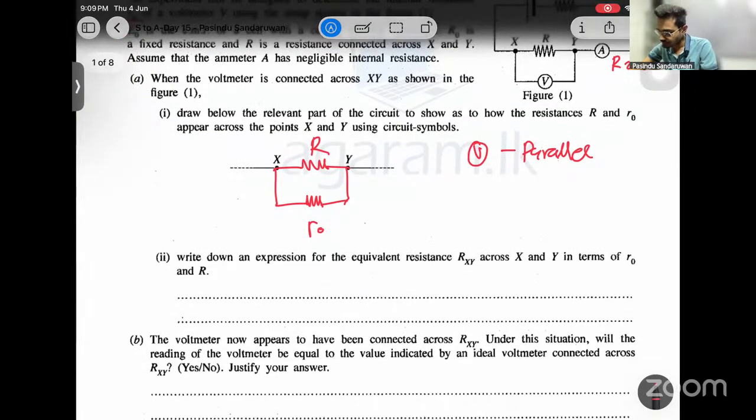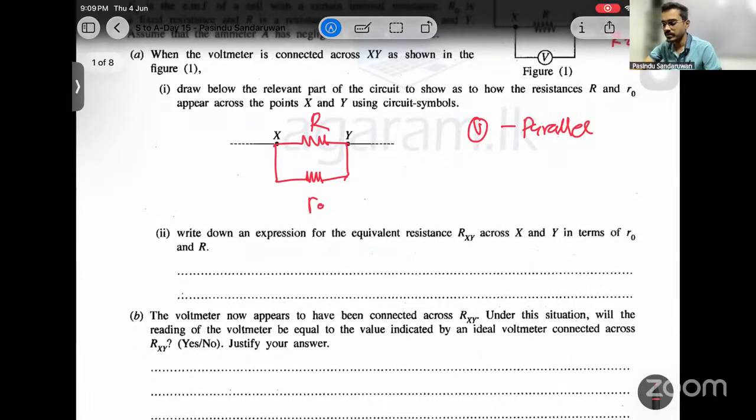Next, write down an expression for the equivalent resistance Rxy across X and Y in terms of R naught and R. That is very straightforward because R and R naught are in a parallel combination.